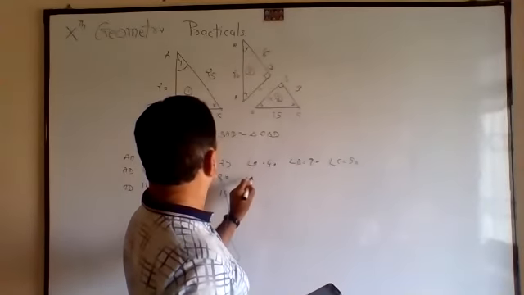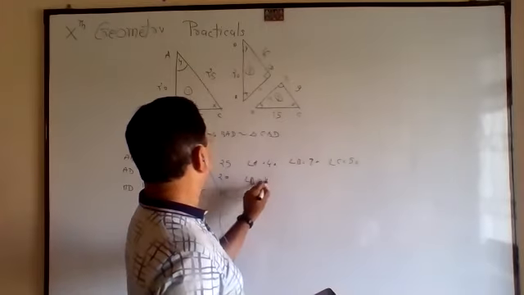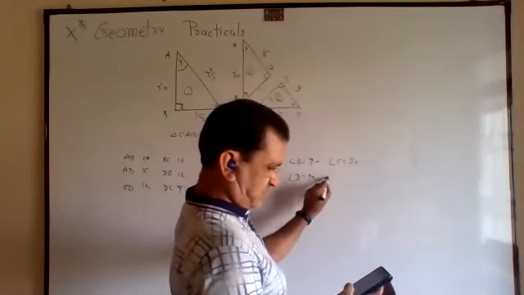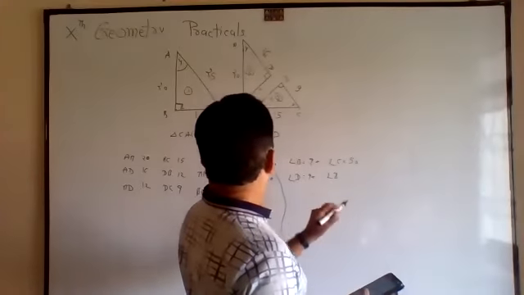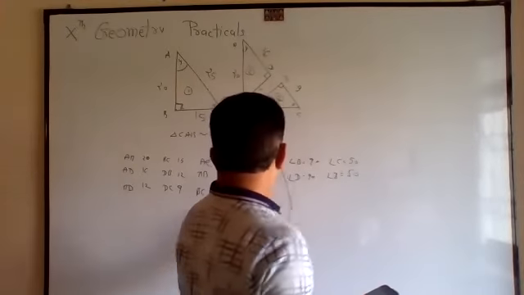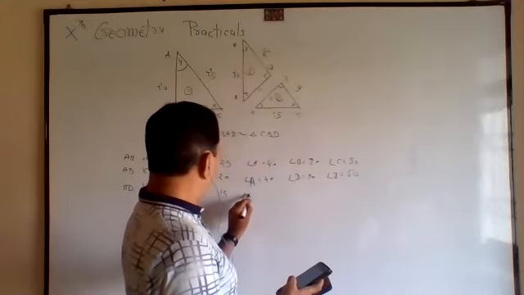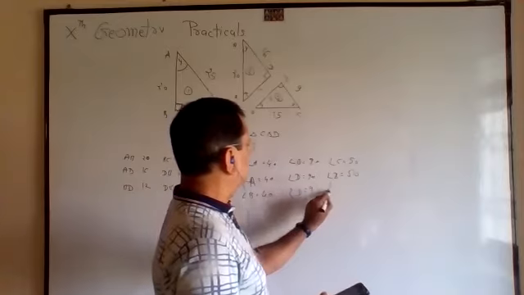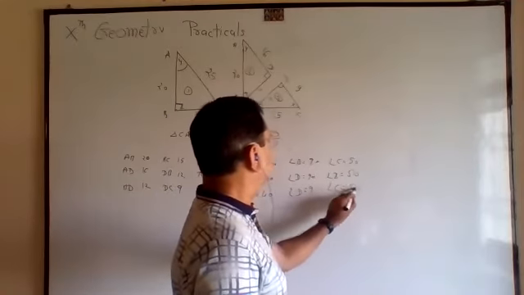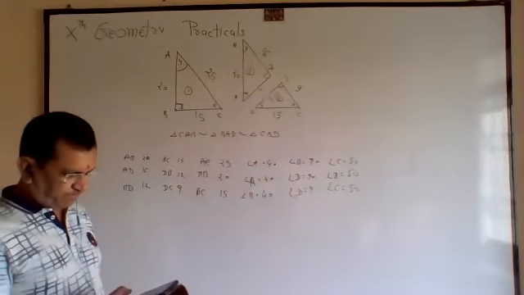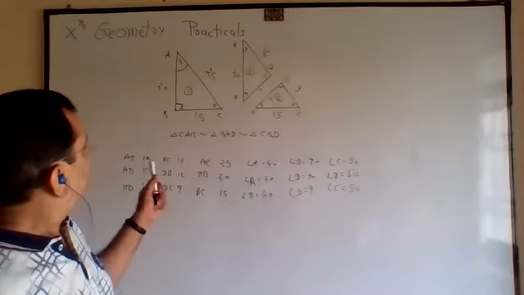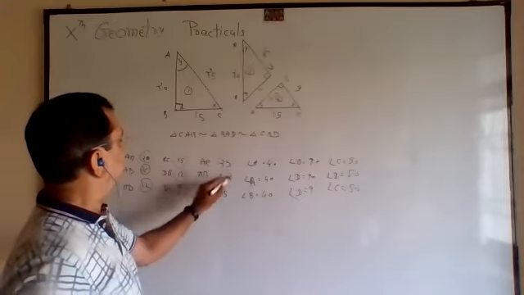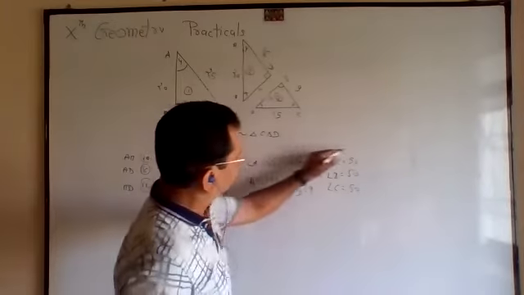So in this small triangle, angle A is equal to 40, angle D is equal to 90, angle B is equal to 50. In the other, angle B 40, angle D again 90, angle C again 50. So you have to write this and this, this and this.